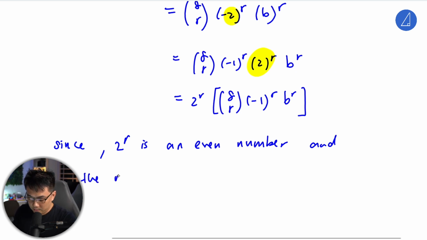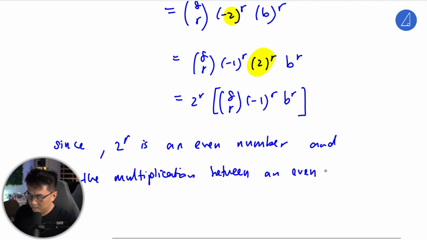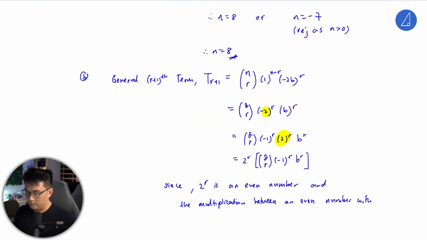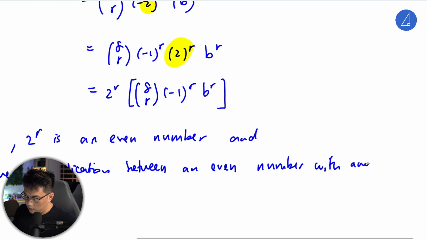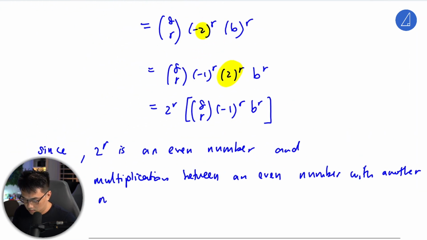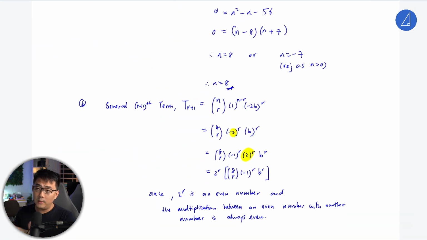Essentially, even multiplied by even will be even, and even multiplied by an odd number will still be an even number.